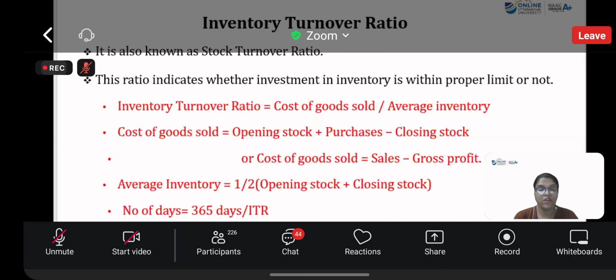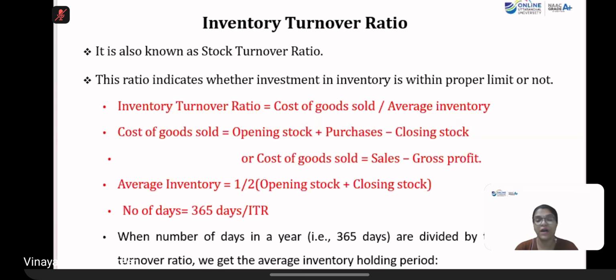This ratio will tell you the efficiency of a company in managing its inventory. It will indicate how quickly a company sells its inventory and replaces the new stock. The formula to calculate the inventory turnover ratio is cost of goods sold divided by average inventory.